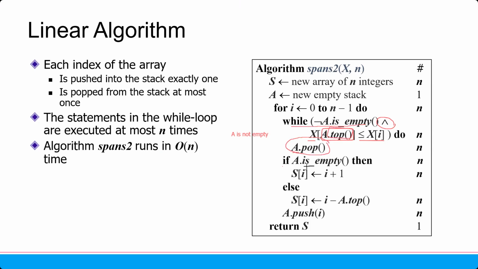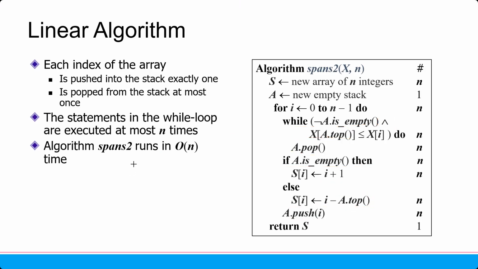If A is empty, then we do this: si equals i plus 1. Else si equals i minus the index at the top of the stack. And then we push the index i into the stack.